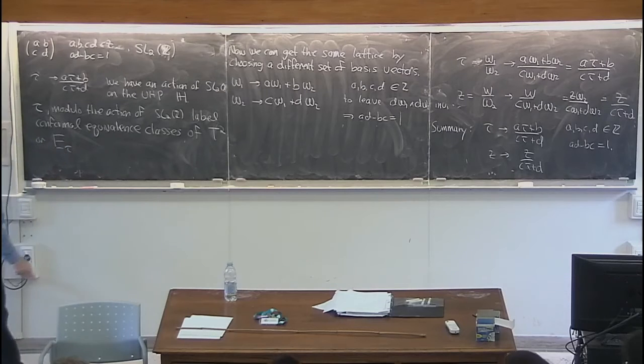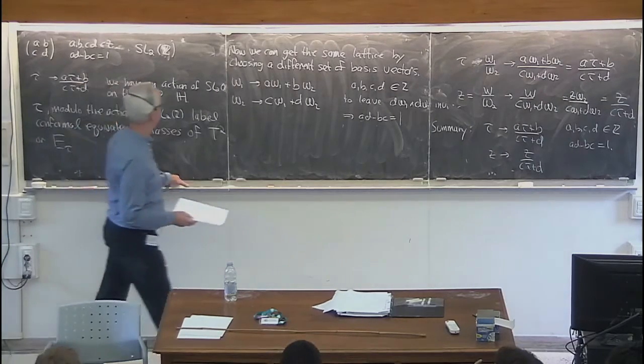So for each point in the upper half plane, modulo the action of SL(2,Z), I get a two torus, which is distinct from any other two torus up to doing conformal rescalings of the metric.